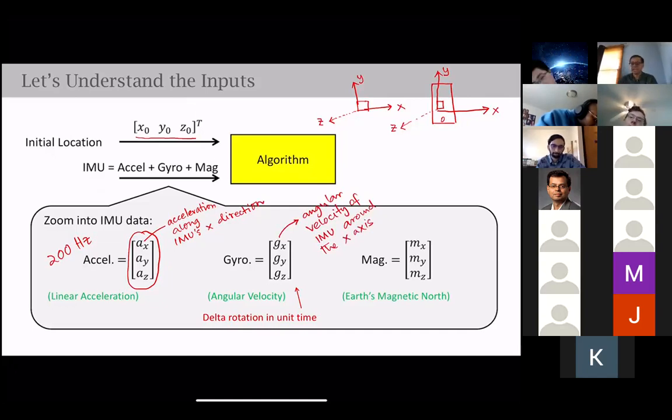If I take this phone, this is the x-axis. If I rotate around the x-axis, the phone would rotate like this.